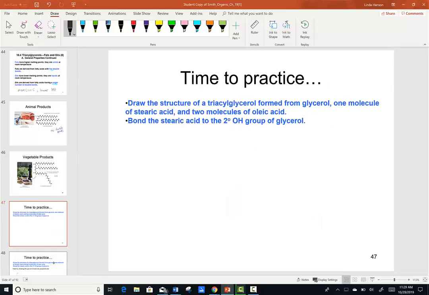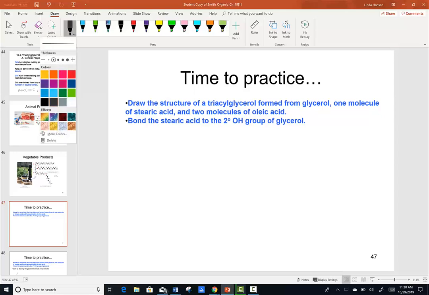Time to practice. Let's draw the structure of a triacylglycerol formed from glycerol and 1 molecule of stearic acid and 2 molecules of oleic acid, and bond the stearic acid to the secondary alcohol group on the glycerol backbone.